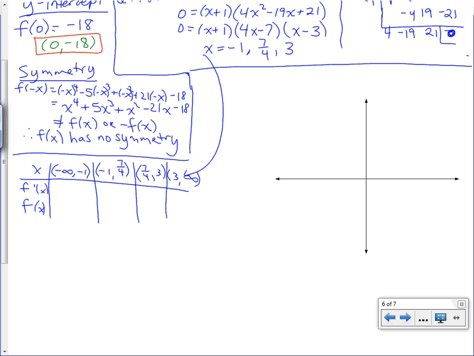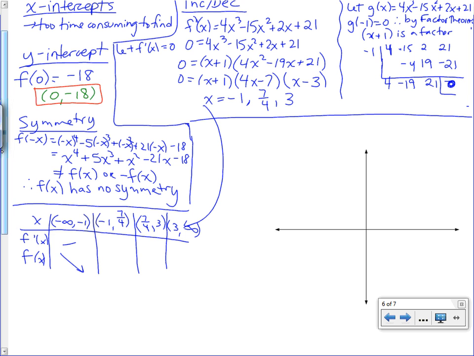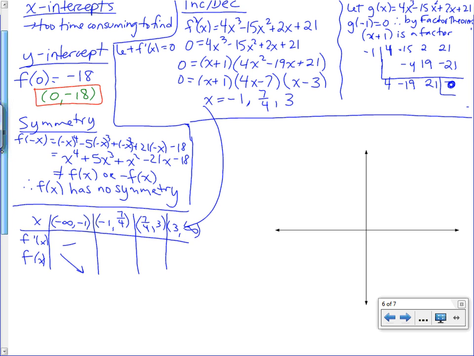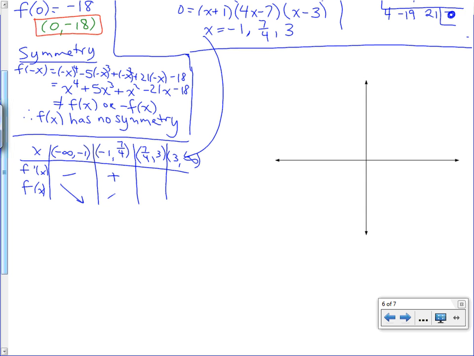So a negative times a negative times a negative is a negative number. We're looking at the first derivative, so a negative value of the derivative tells me what about the original? It decreases. For -1 to 7/4, the best example to choose is 0. You can plug into the factored form, but 0 is nice to plug into the original derivative, because you go 0, 0, 0, and you're just left with positive 21. So positive, increasing.